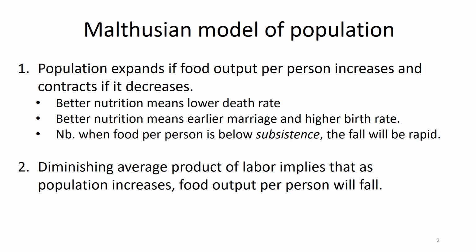That means that as more population farms the land, while the total output from agriculture goes up as you have more people farming, the average amount produced is going to decline, because the marginal product of labor in agriculture is falling. So when we have more people around, the food output per person is going to be less.